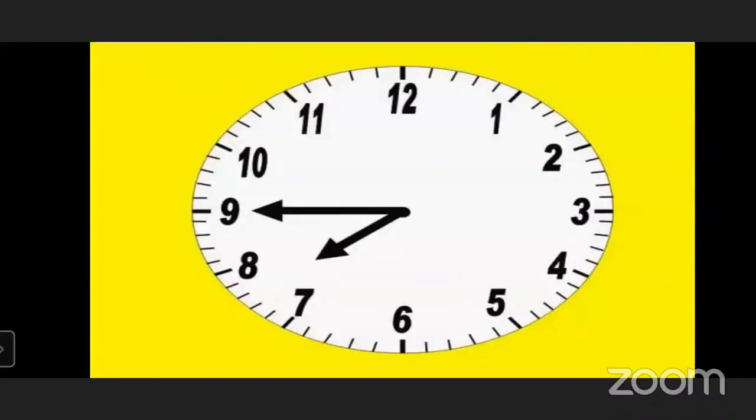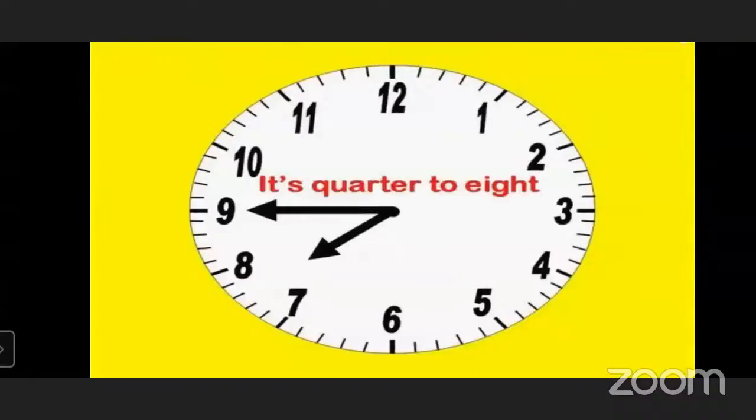So what will be the time? It's a quarter to 8, because a quarter of time is left to be 8 o'clock. So that's why it's a quarter to 8.